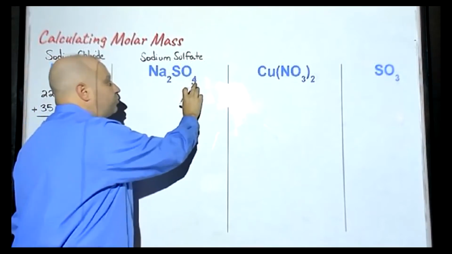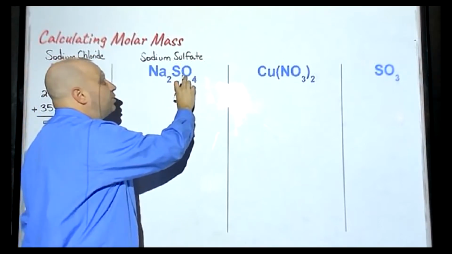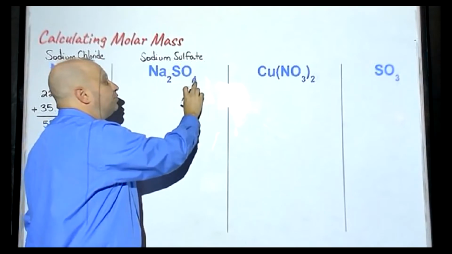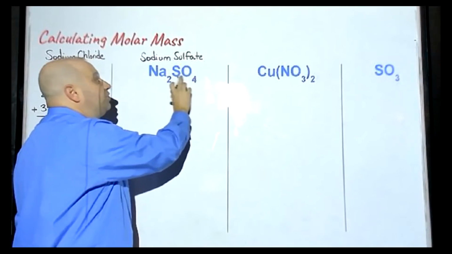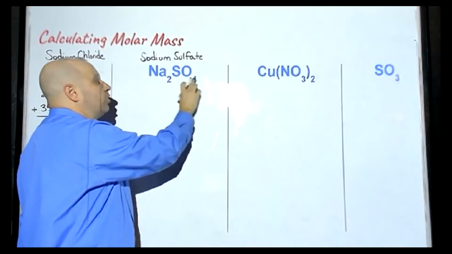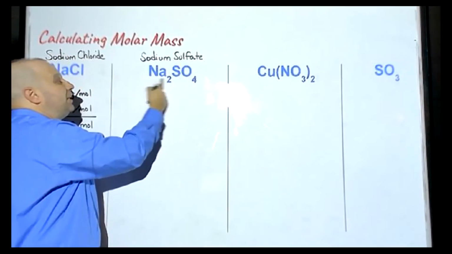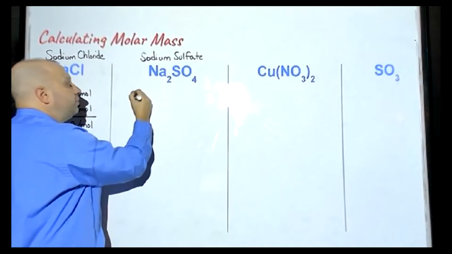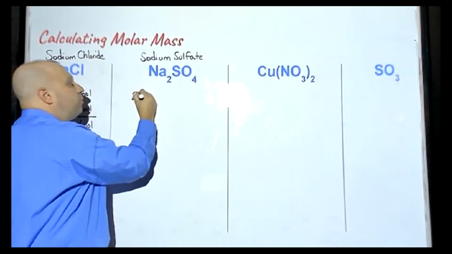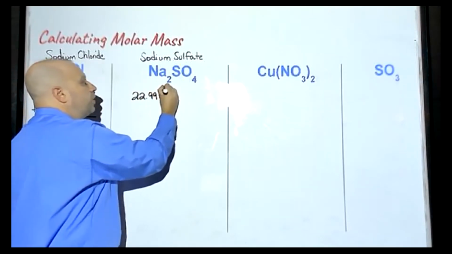When we see this subscript of 4 after the oxygen, that means we have 4 oxygen atoms. The 4 does not belong to sulfur, only to oxygen. So we will begin by looking up the molar mass for sodium. Again, 22.99 grams per mole.